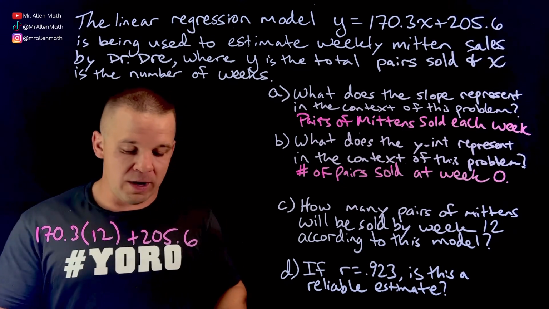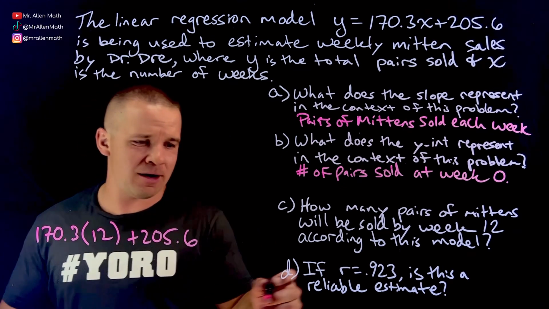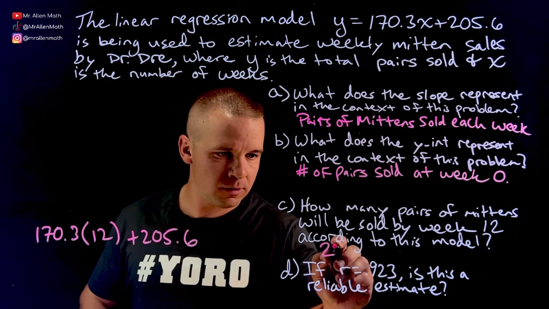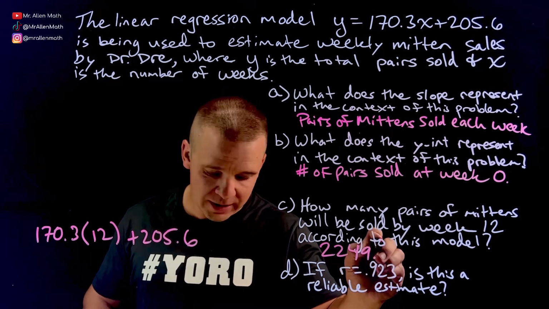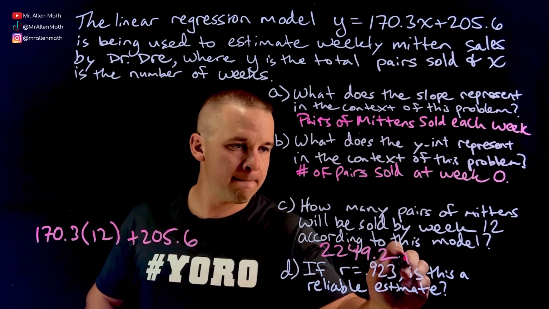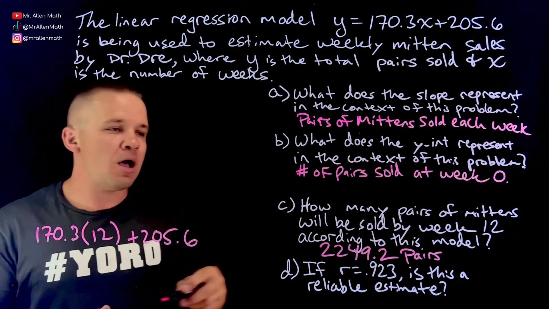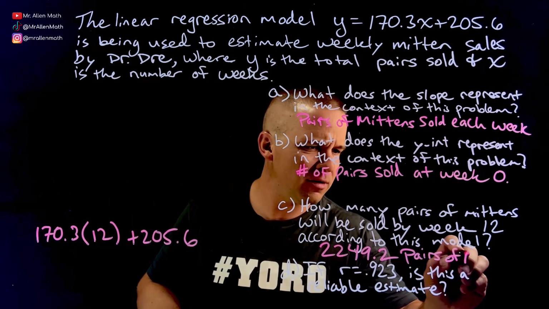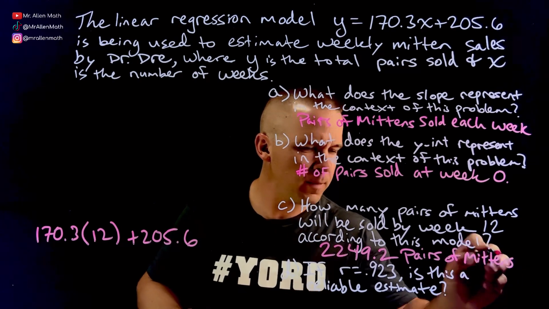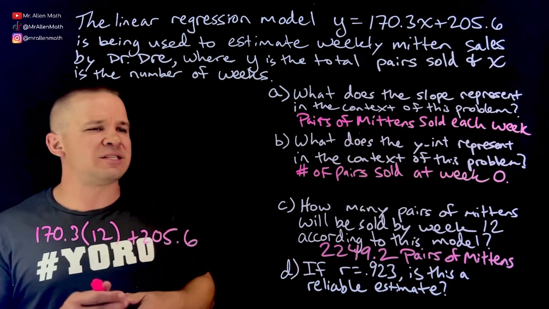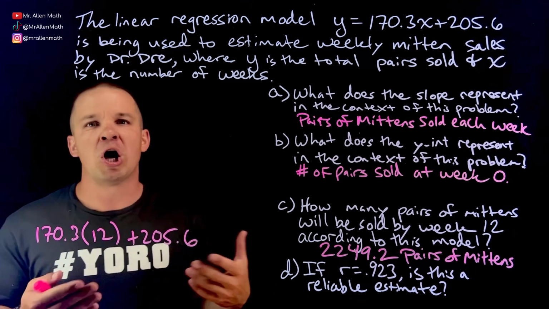All right, 170.3 parentheses 12 plus 205.6. Hit enter. We get, Dre's doing great, man. We got 2,249.2 pairs. So 2,249 pairs of mittens. With these estimates, they might even say to the nearest 100 pairs.